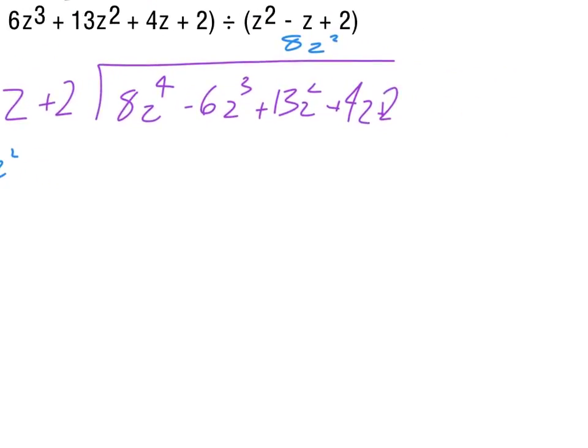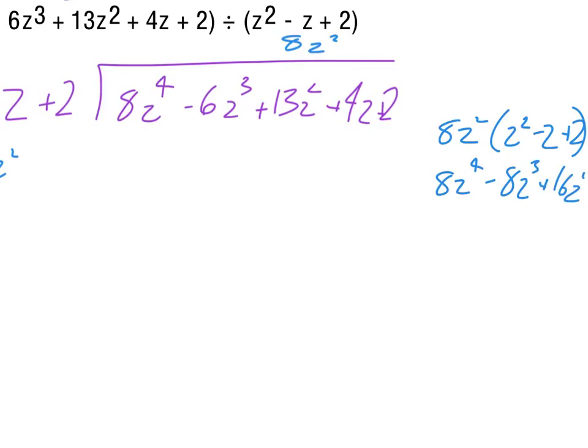So if I come over here, 8z squared, z squared minus z plus 2, and so I get 8z to the 4th minus 8z cubed plus 16z squared, like that. So I'm subtracting that, so I switch all those signs.